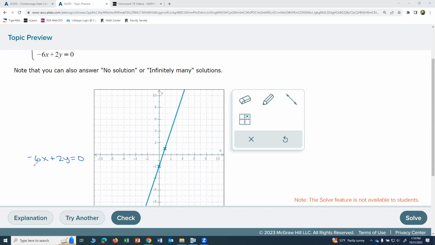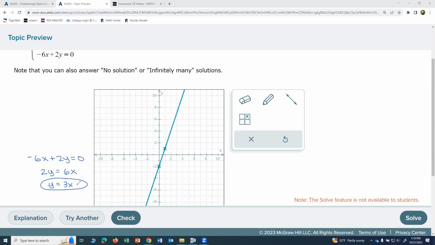And I'm going to go ahead and add my 6x to both sides. So I end up with 2y equals 6x. And if I divide both sides by 2, I get y equals 3x. So that's my second line, y equals 3x.